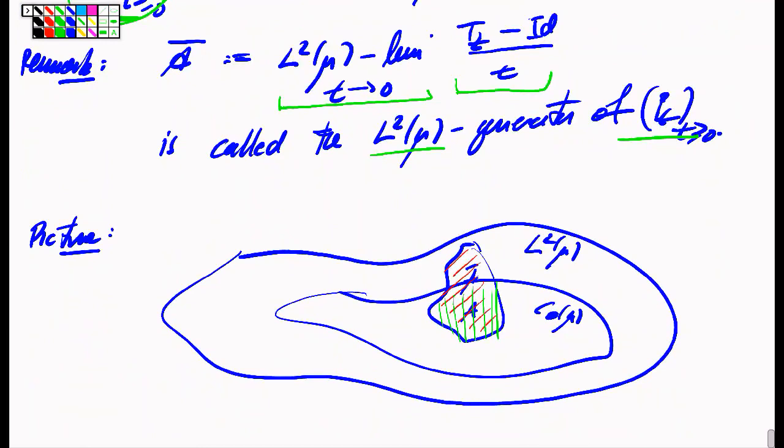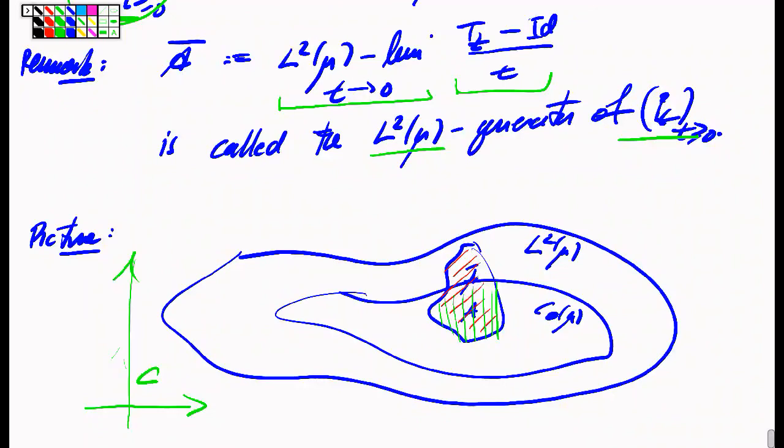So it's an extension. In pictures you might consider the following: we have a certain topological space E, and for this topological space we can consider all possible measurable functions.